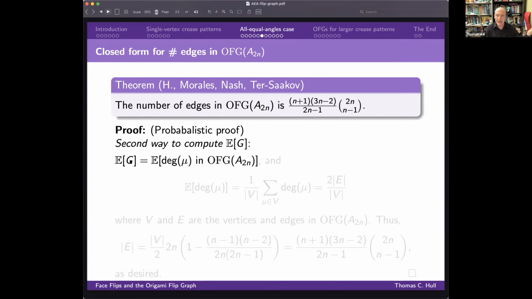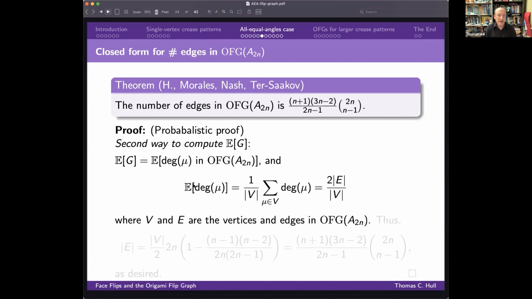Now we're talking about a graph, and that's lovely because the expected value for the degree of a vertex in a graph is basically the average degree, which is the sum of all the degrees divided by the number of vertices.